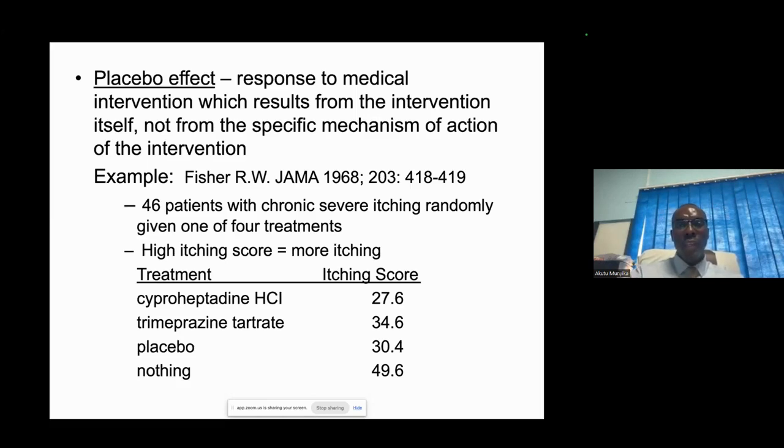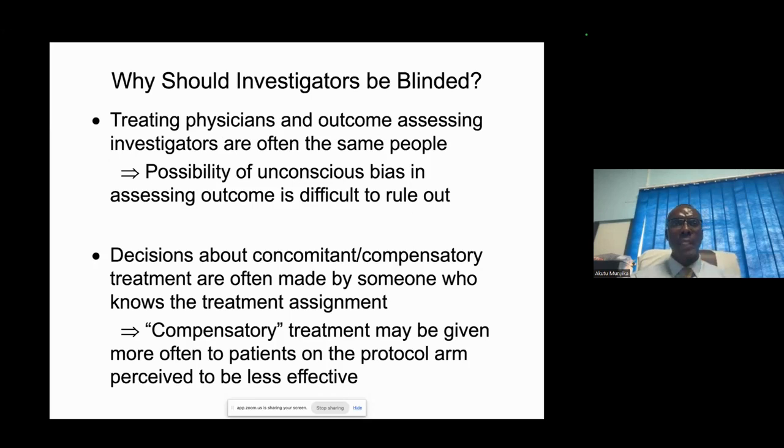So those who were not given anything, those who were given a placebo, the way they respond to these questions of the itching score could be the reason why their results could be because they were not blinded, so they don't know, or rather they know what they were given. So the score is going to be very much confounded and may not give a true reflection. And many other examples can be given.